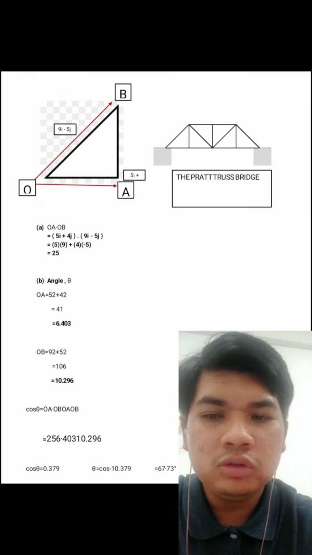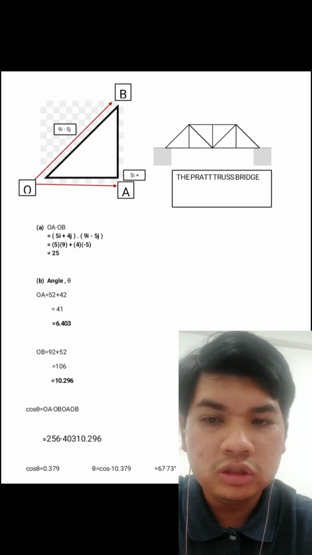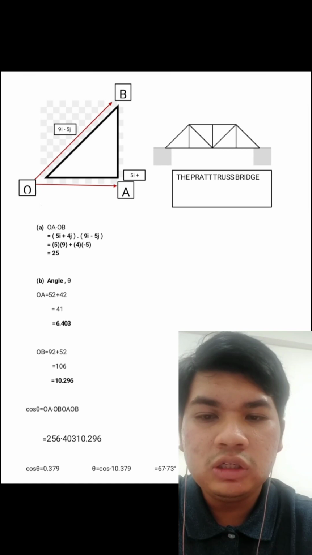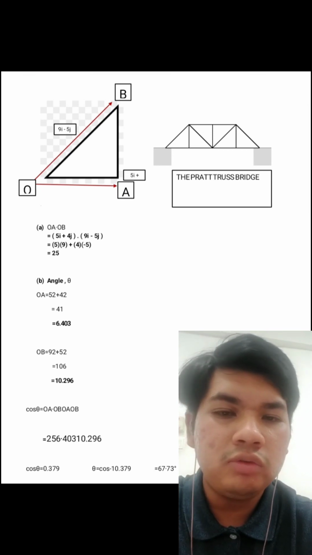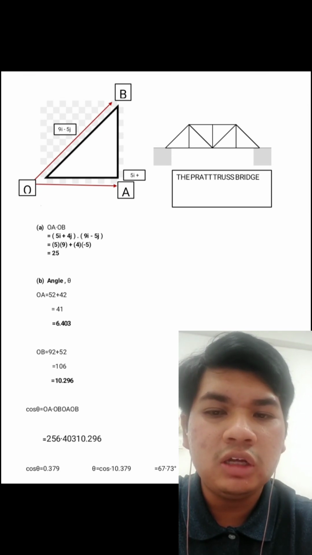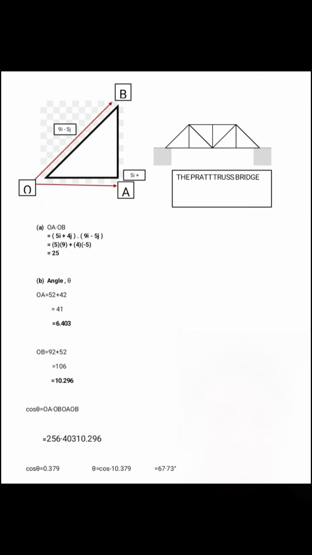Cos theta equals 0.379, so theta equals cos to the power negative 1 of 0.379, and when we calculate it we got 67.73 for the final angle of the bridge truss.